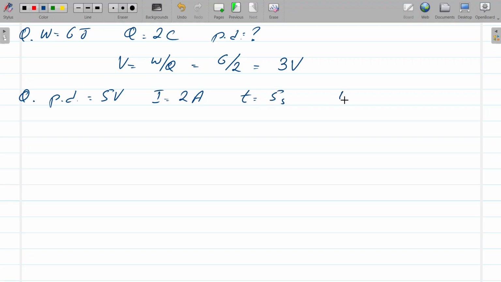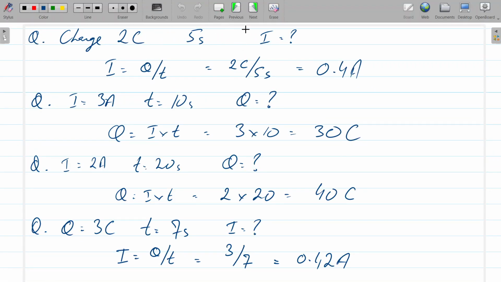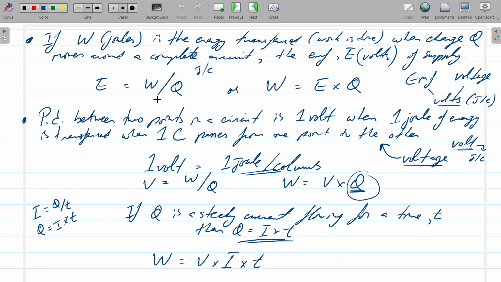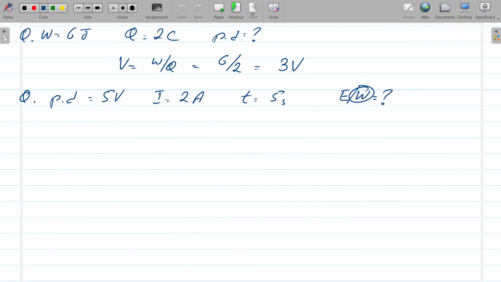And they're asking you for energy, or in this case, work done. Right? So what's the work done? So what equation are we going to use over here? VIT. W equals to V multiplied by I multiplied by T.